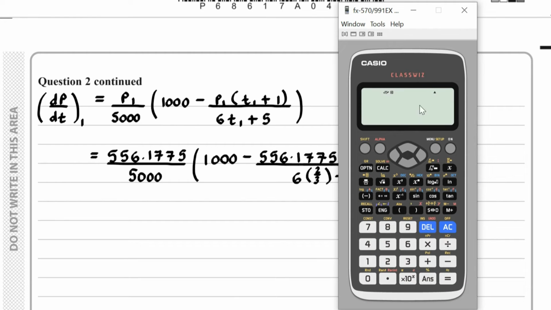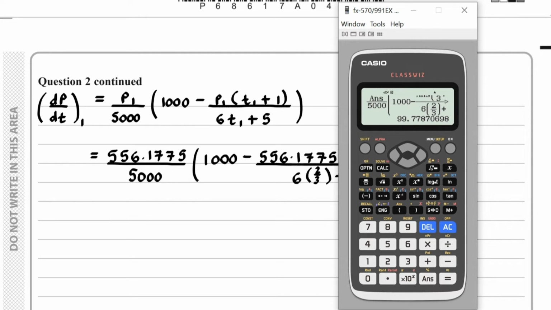So now let's type all of this into our calculator. We've got this value over 5000 multiplied by 1000 subtract this value multiplied by 2/3 plus 1, over 6 times 2/3 plus the 5.